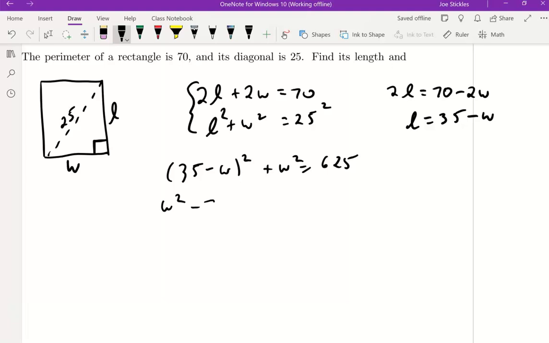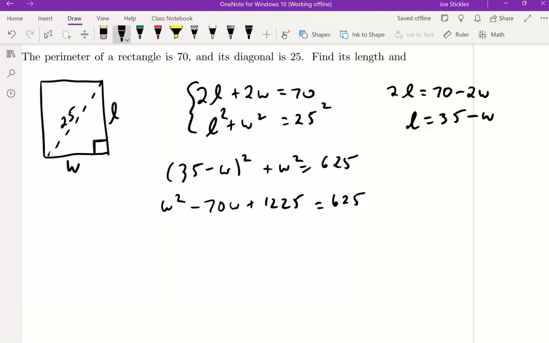I'll get a minus 70W when I do the 35 times negative W, and you have to do it twice. Oh, goodness. What is 35 squared? That's what you said was 1225?